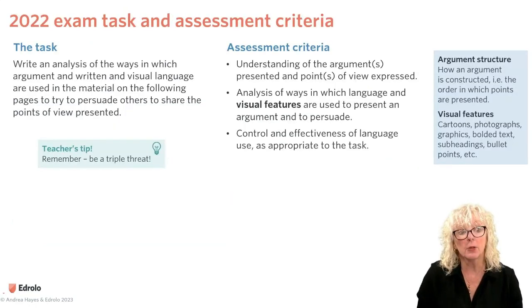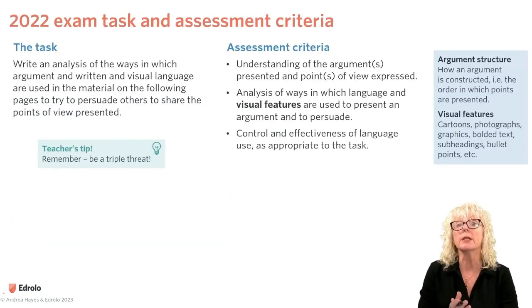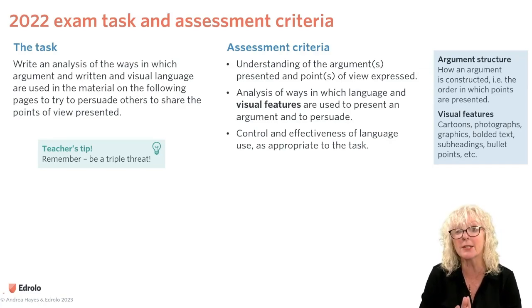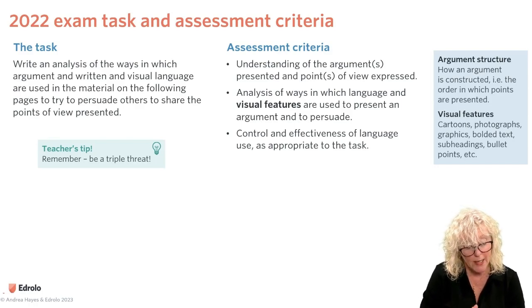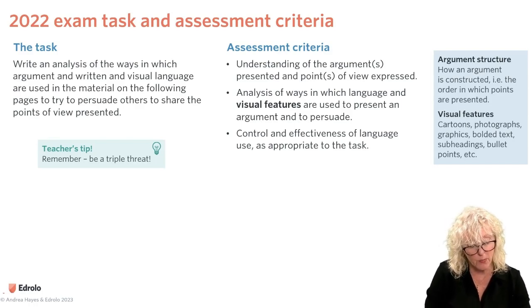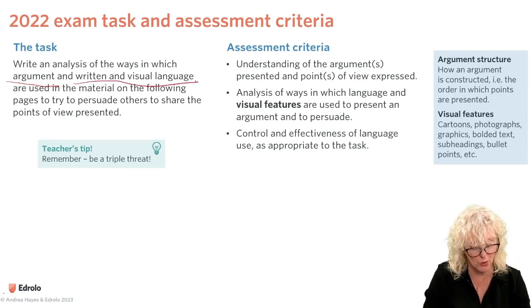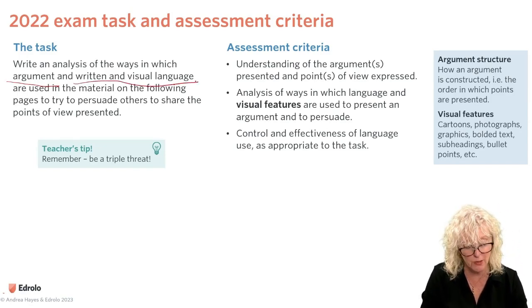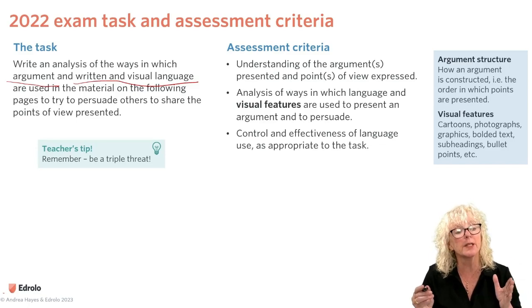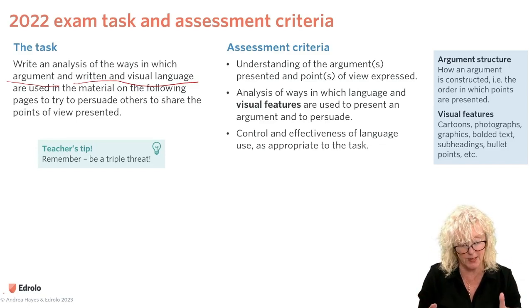Now let's have a look at the 2022 exam task and assessment criteria. The task asks you to write an analysis of the ways in which argument and written and visual language are used in the material on the following pages to try to persuade others to share points of view being presented.